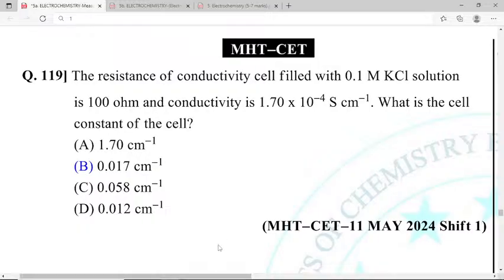The resistance of conductivity cell filled with concentration, resistance 100 ohm, conductivity is 1.70. What is the cell constant? Cell constant we have to calculate it.